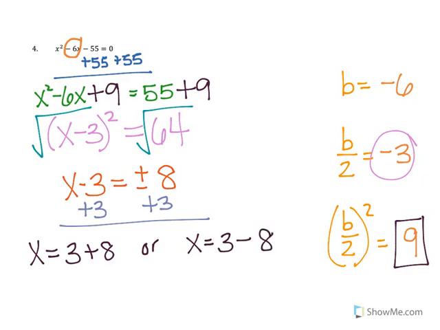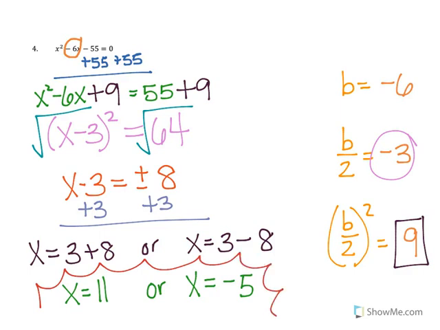So if we simplify that, we are going to end up with x equals 3 plus 8 is going to give us 11. Or if we do the 3 minus 8, we're going to end up with a -5. And those are the roots, and that is going to conclude our notes for today.